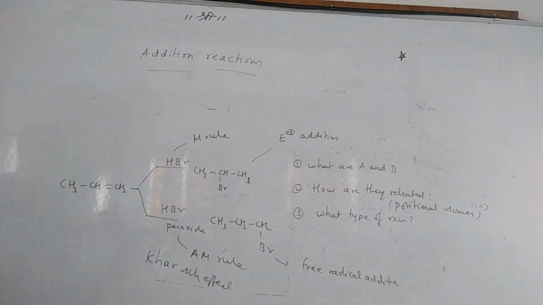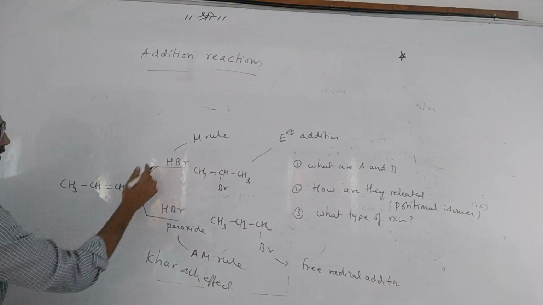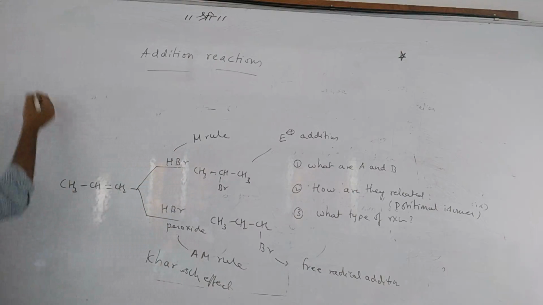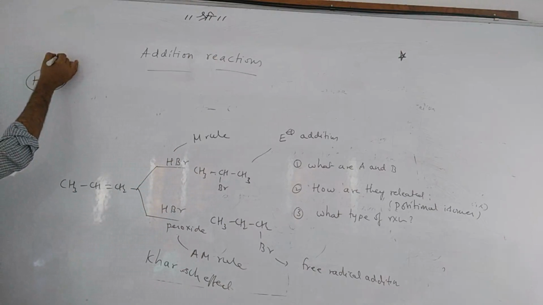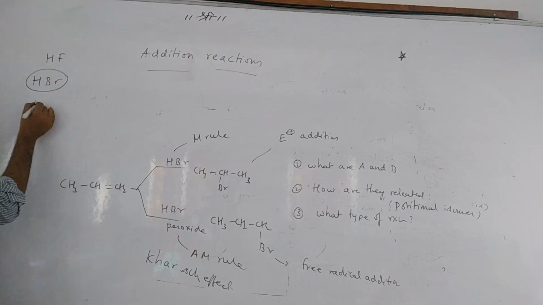Next, immediate question. They will ask like this. This Markovnikov, anti-Markovnikov rule is applicable only for HBr. Why not for HF or HCl or HI? This is important.